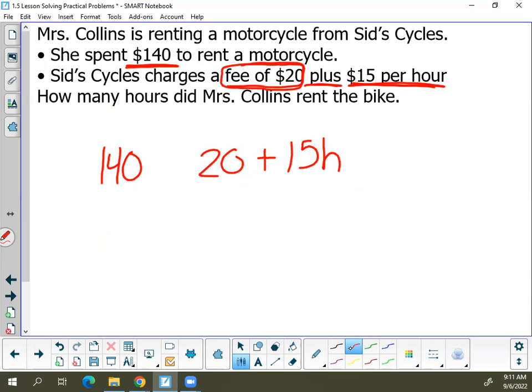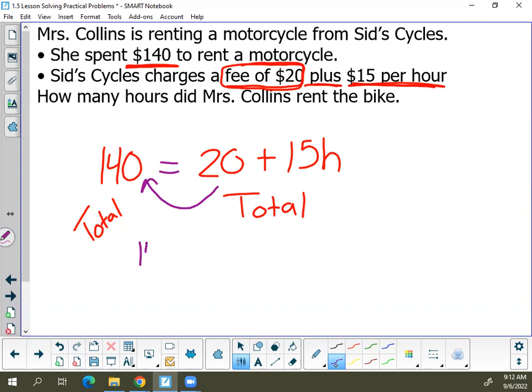And so we want to know how long Miss Collins rented this bike for. So $140 is the total she spent. $20 fee plus $15 times the number of hours will also get you the total amount that you spent. So these two things are equal to each other. So we have an equation we can solve. And so I can move this 20 over here.